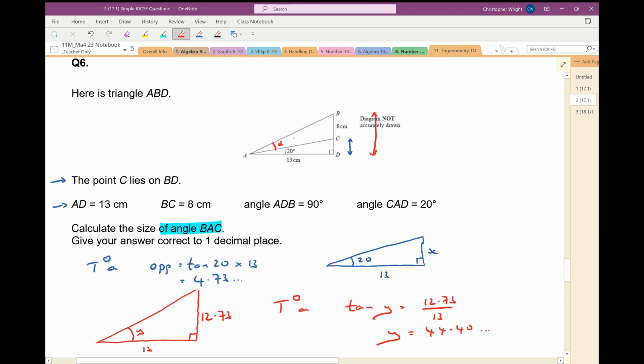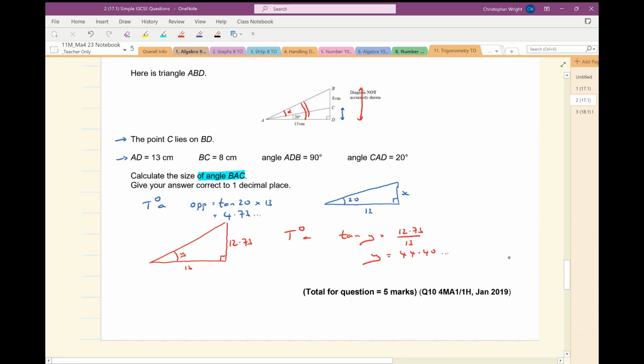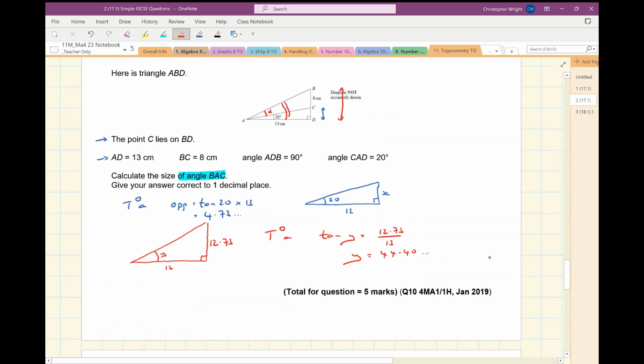So this whole angle here is 44.4. That means that I can now find that angle alpha. Alpha is going to be the whole angle, 44.40 and so on, minus the 20. So the answer to the question is 24.40 and so on. And so to one decimal place, the size of that angle is 24.4 degrees.